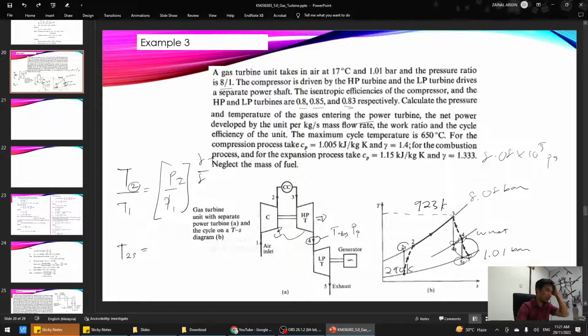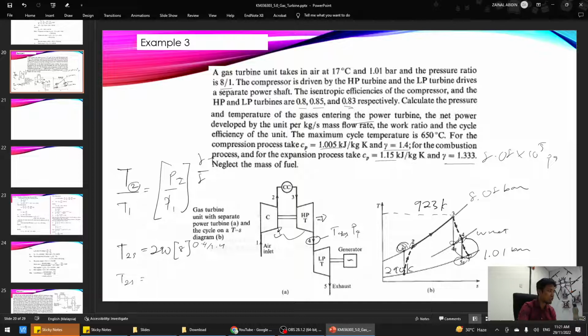You gunakan 290, then pressure ratio 8, lambda tolak 1. Bear in mind that lambda ni sentiasa berubah mengikut question, dan CP pun sama, dia akan sentiasa berubah. So 0.4 divided by 1.4, so you akan dapat T2S lah. Alright, T2S di sini you tak dapat T2 actual.